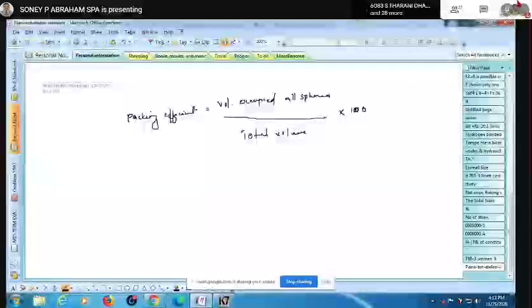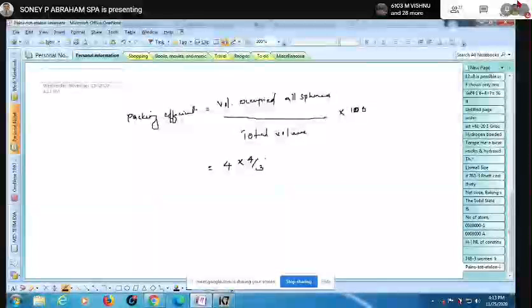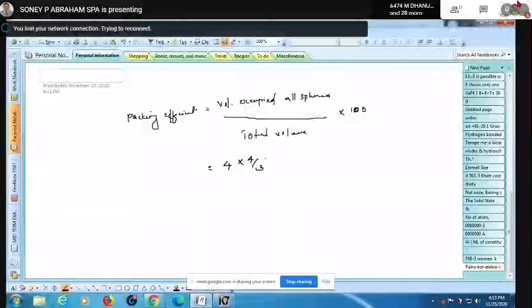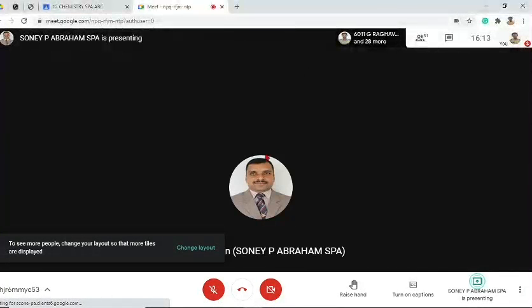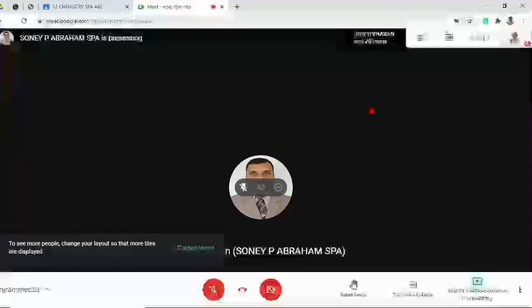Now, the total volume occupied by all the spheres. 4 spheres are there, and each has a volume of 4 by 3 pi r cube. The total volume is a cube.